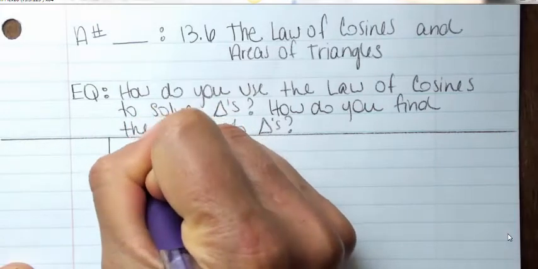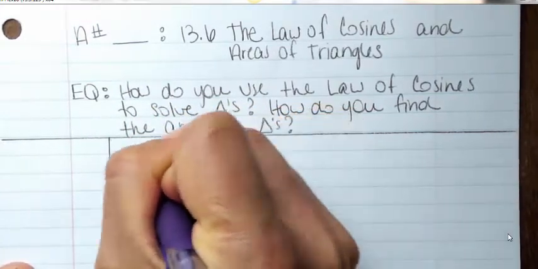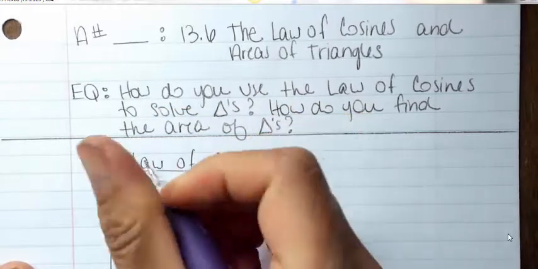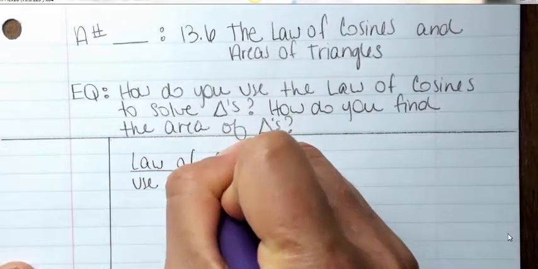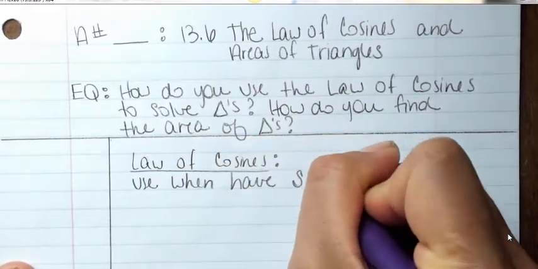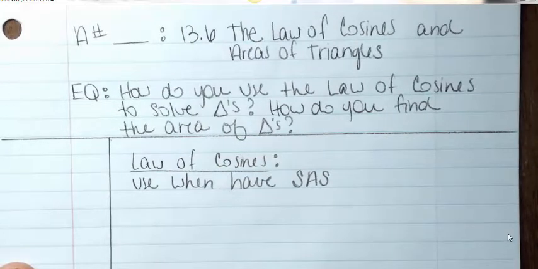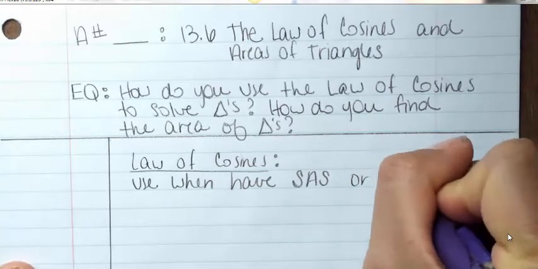Okay, so the law of cosines. You're going to use this when you have side angle side, so that's where you have two sides and an angle that's included, or all three sides.